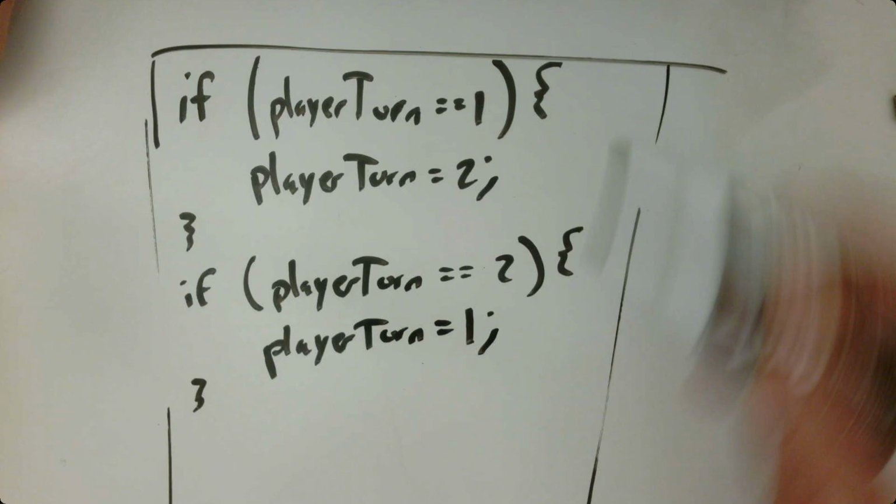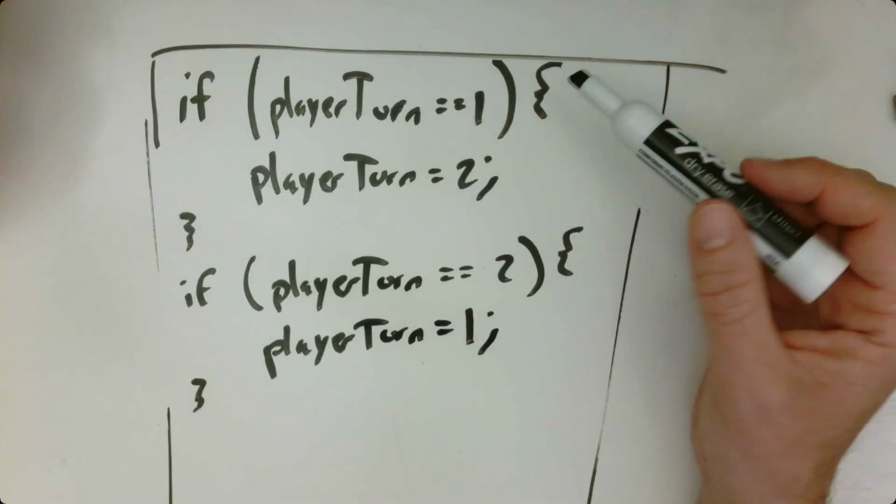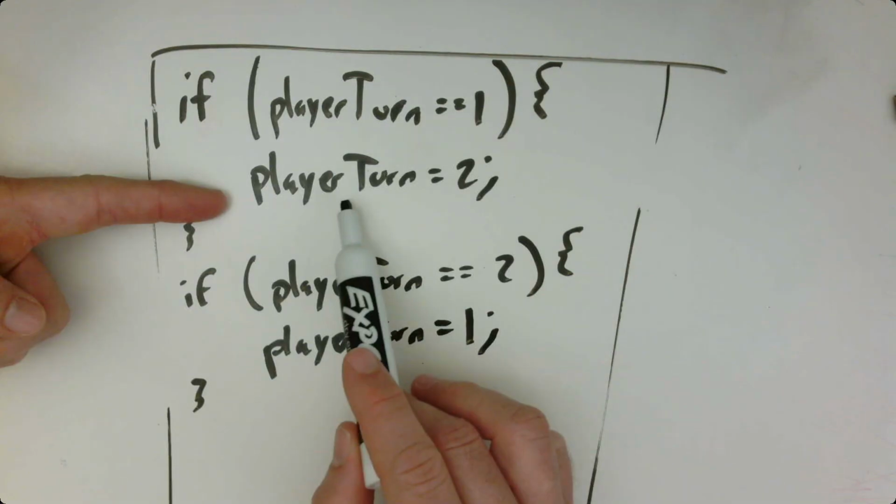So let's imagine that player turn actually does equal 1. We'll run this line. This will evaluate to true, because player turn does equal 1. So then we'll save 2 inside player turn. So now player turn equals 2. And then we'll say, is it true that player turn equals 2? And then we'll save 1 back inside player turn.